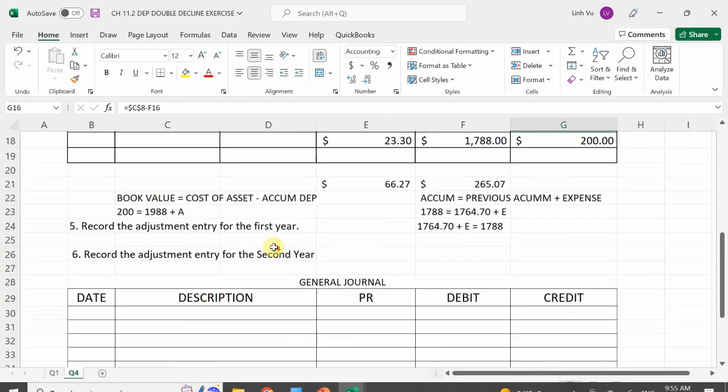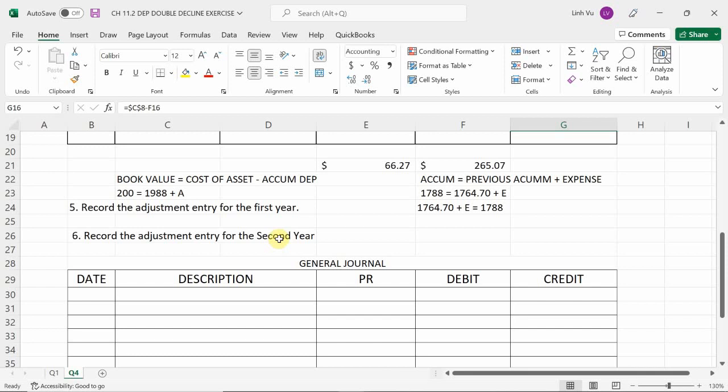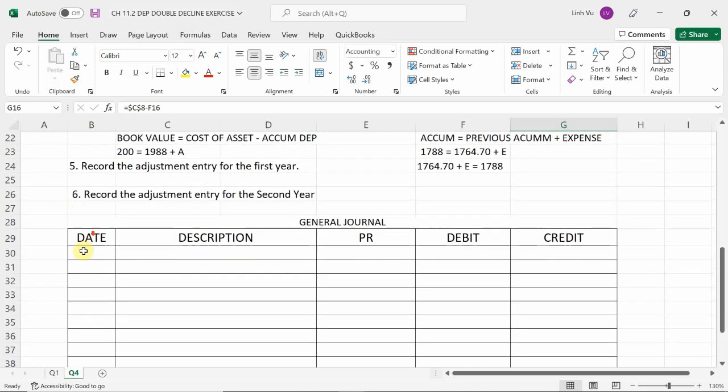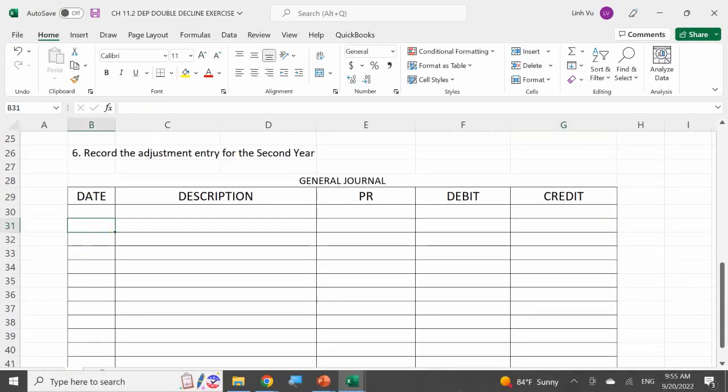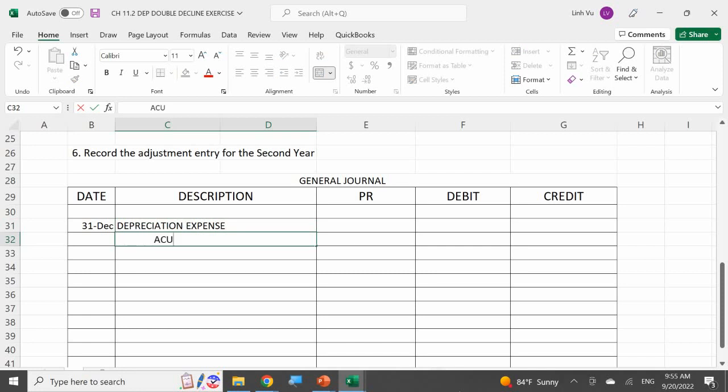All right. So, the last two questions are question number 5 and question number 6. What is going to be the entry for the first year and the entry for the second year? It's going to be depreciation expense and accumulated depreciation.